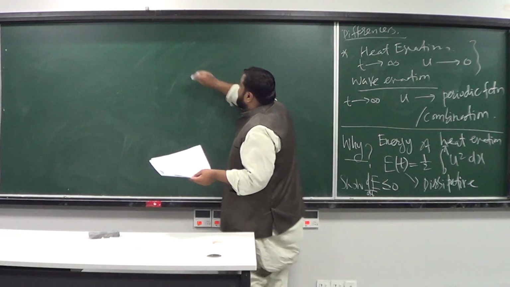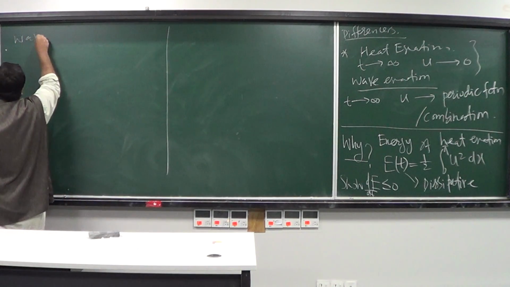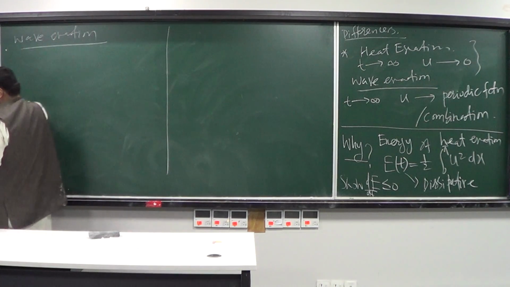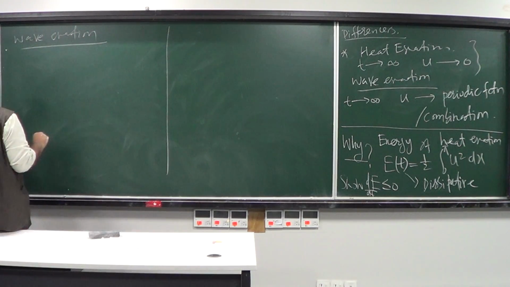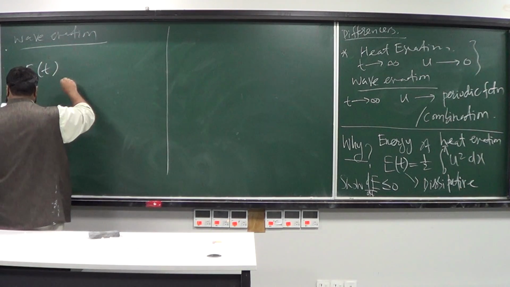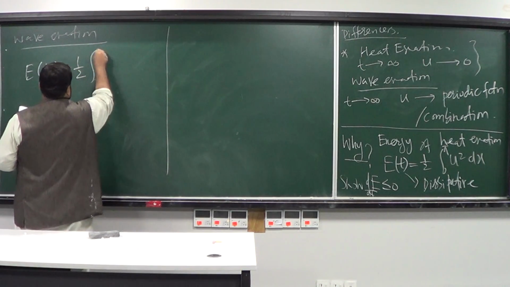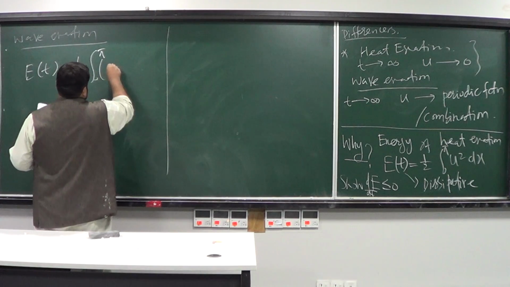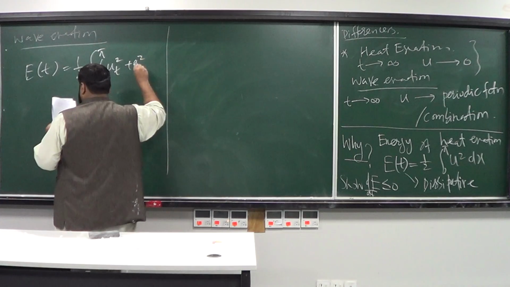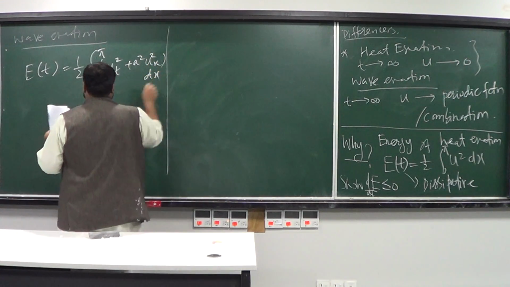So similarly, the energy for the system driven by the wave equation goes like this: E(t) equals 1/2 times the integral from 0 to pi of u_t squared plus a squared u_x squared dx.